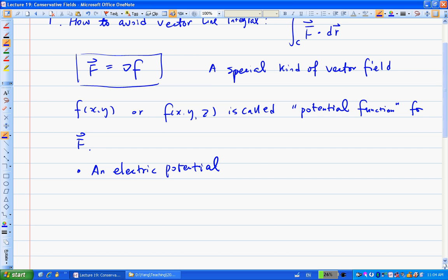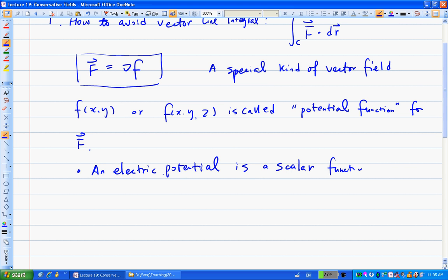Electric potential is a scalar function. When you take the gradient of this electric potential, you get your electric field.